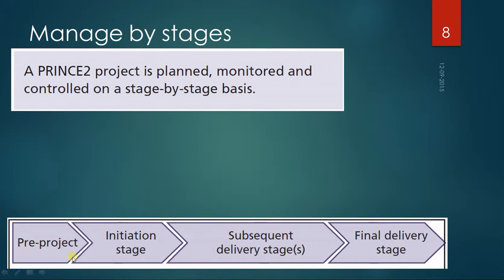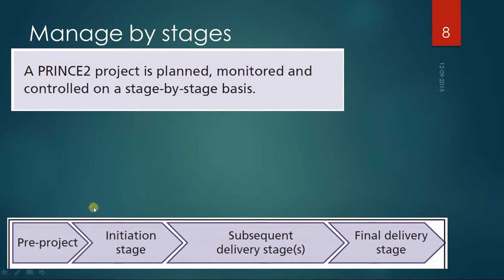You just start up with a pre-project, then you have an initiation stage, and after that you have some subsequent delivery stages. You can see there's an S here in brackets, and that means you can have one or you can have more, and then you have the final delivery.